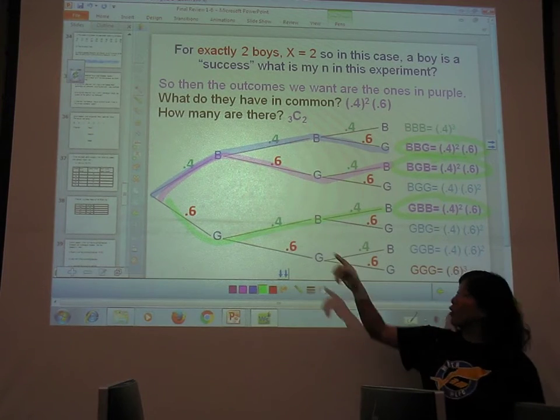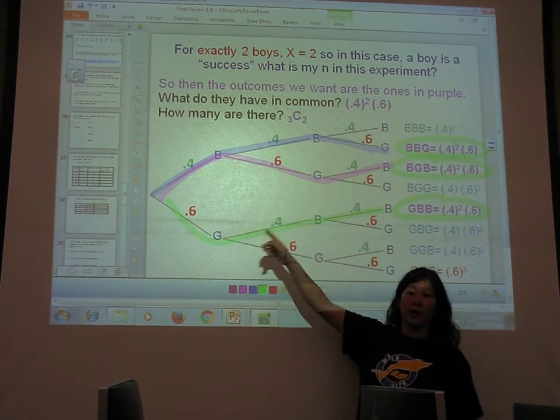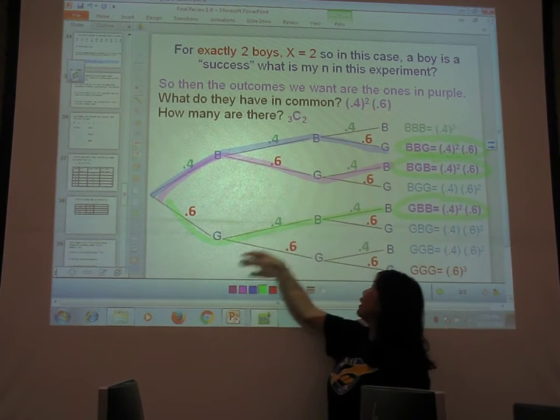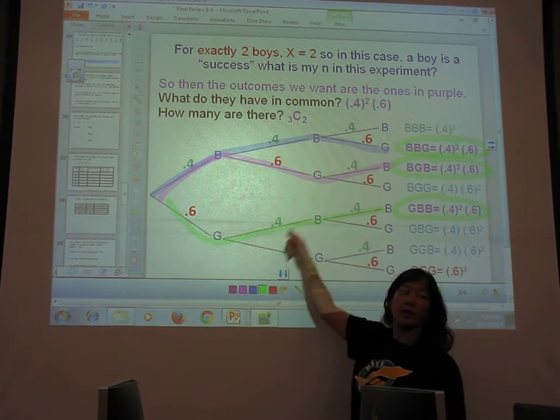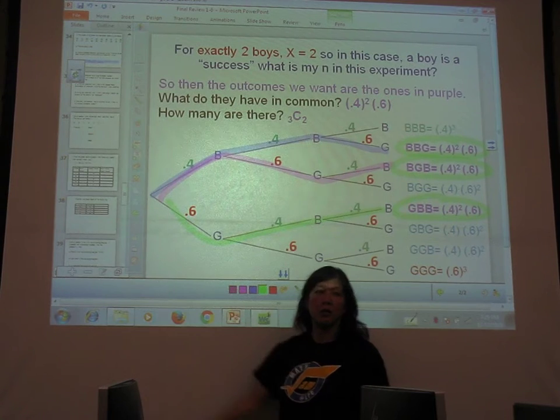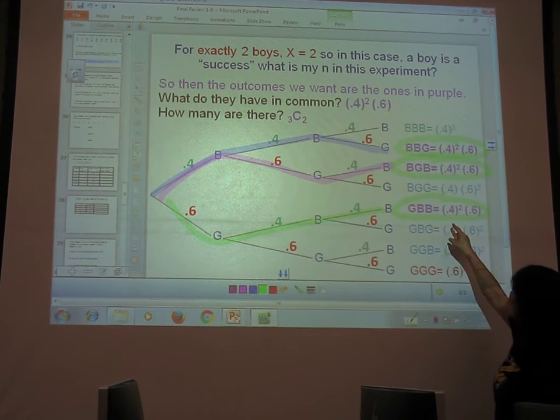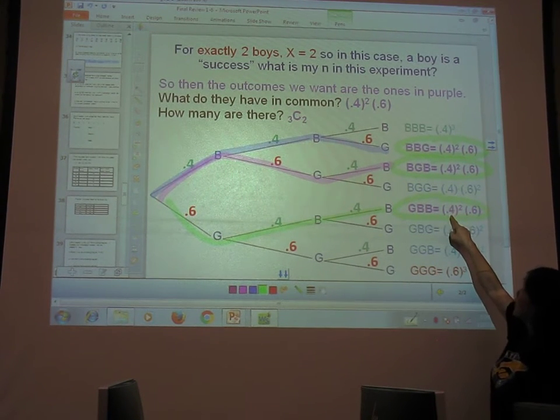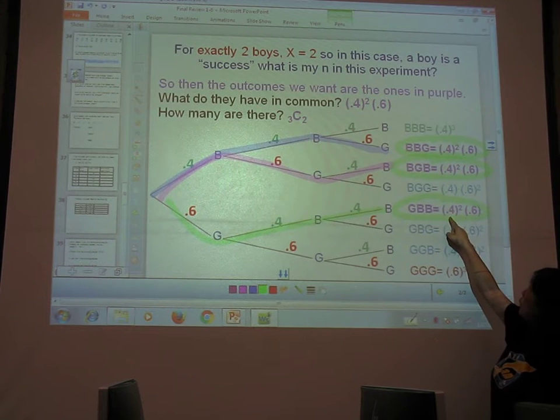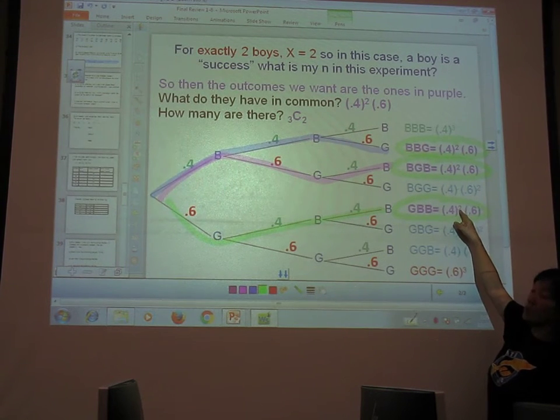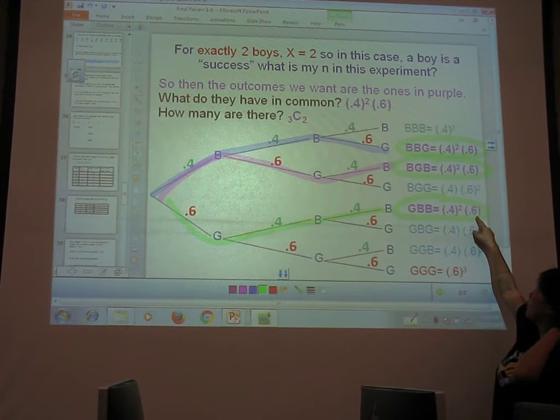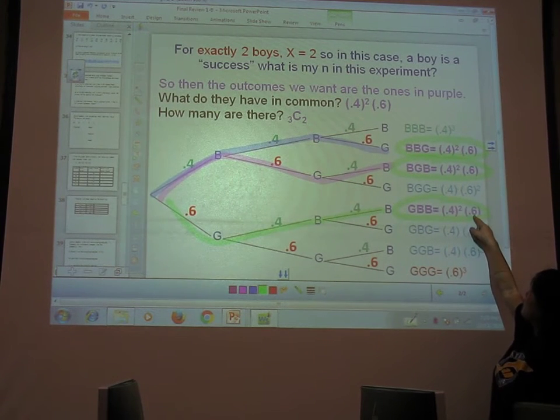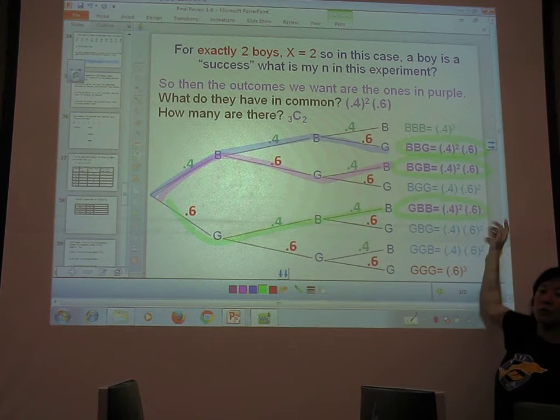So we know when we go along these trees, we multiply all the branches. We're always going to have 0.4 multiplied twice and 0.6 once, no matter what. So we're always going to have our probability of success, little p, 0.4, raised to the number of successes, the 2nd power, and little q, 0.6, raised to the number of failures, 1.